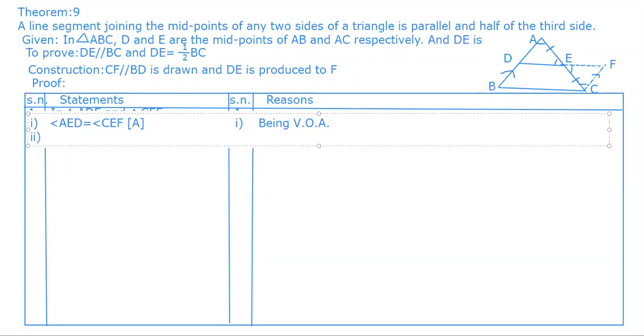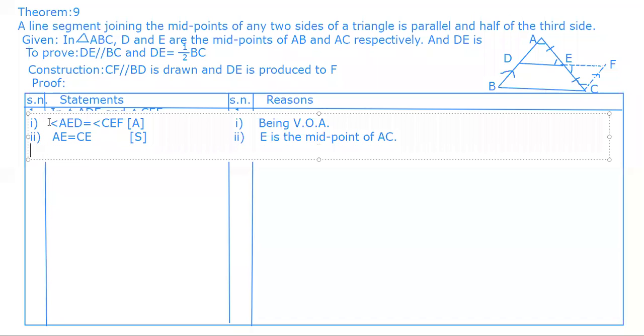Similarly, we can write AE and CE are equal because E is the midpoint of AC. That is why AE and CE are equal.